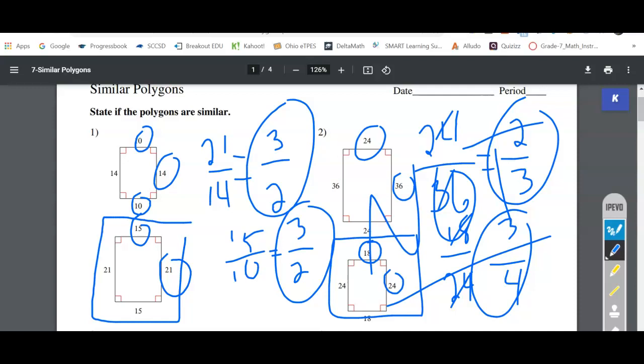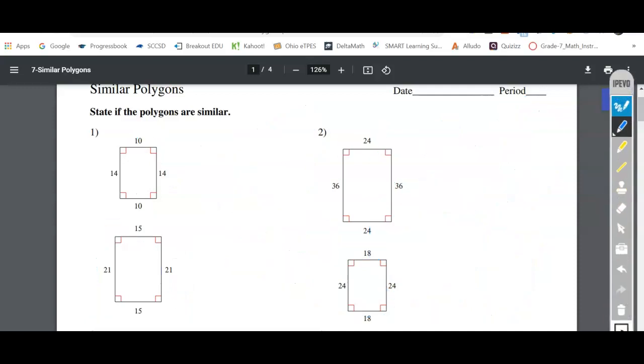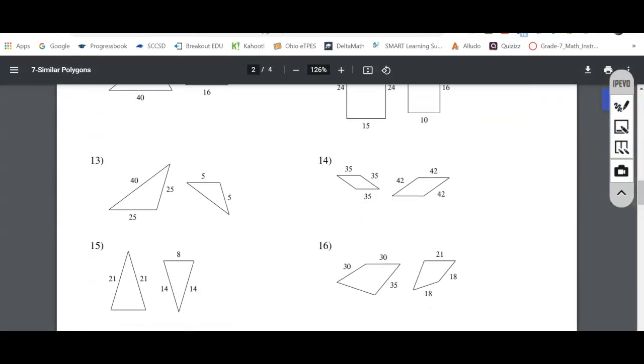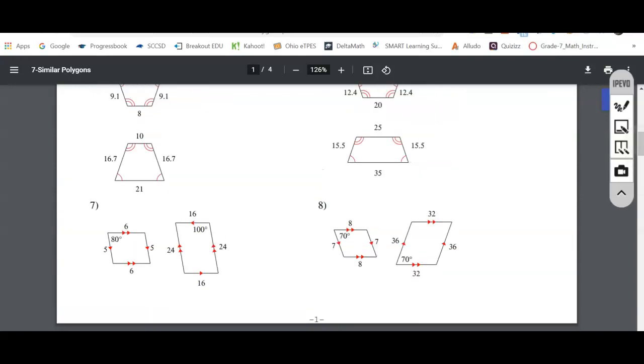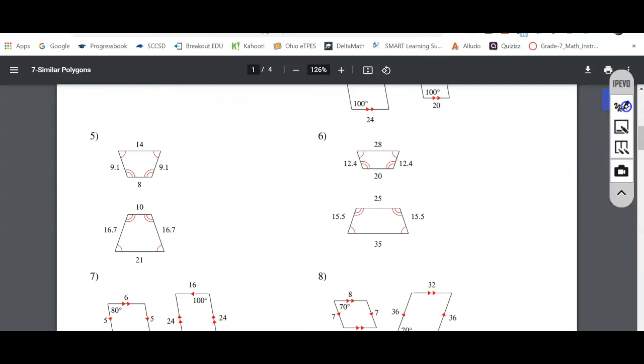Okay, so what if we've got, let's go down to one that looks like number 5. 5 and 6, they're not sitting in the same orientation. So we got to be careful on that.